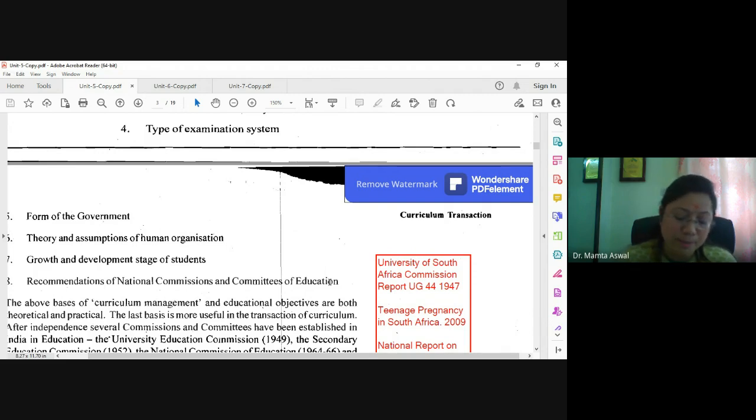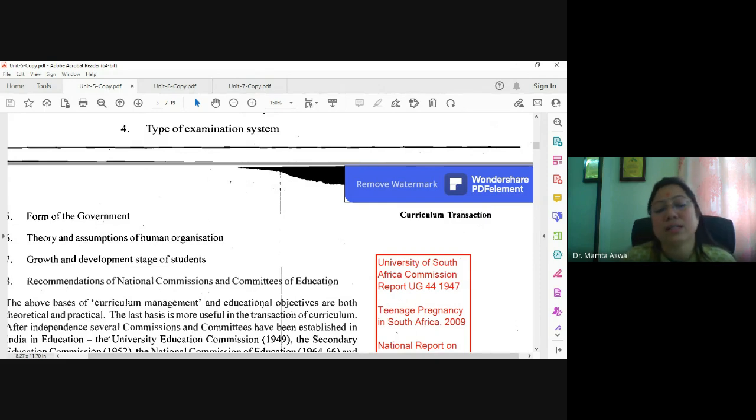Some governments may like to add certain things to your curriculum, and some may like to remove certain parts. If there is a Democratic Alliance, what will they like to add, and what will they like to remove? So form of government is also a basis for curriculum transaction.